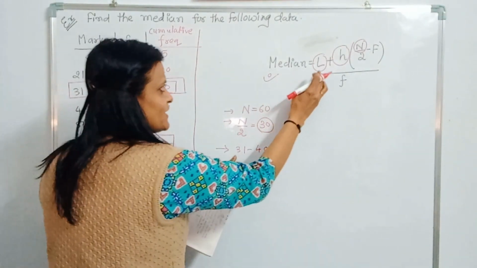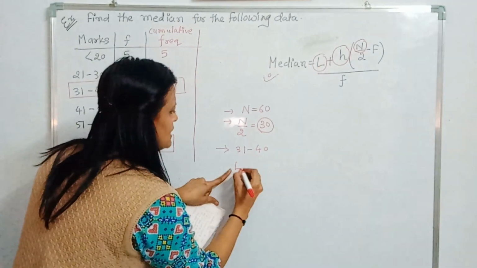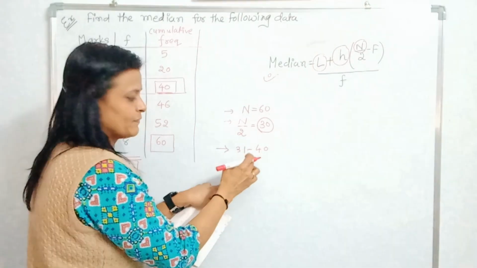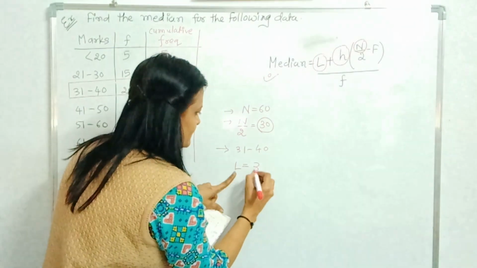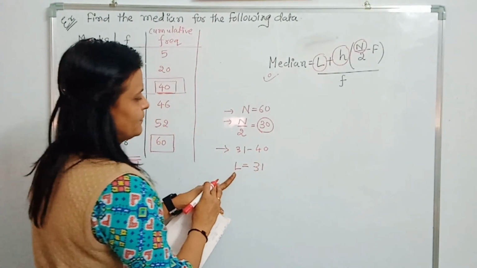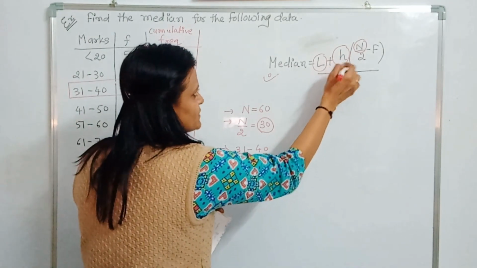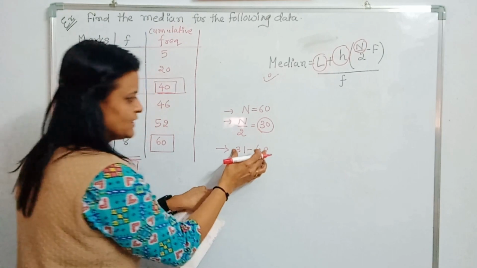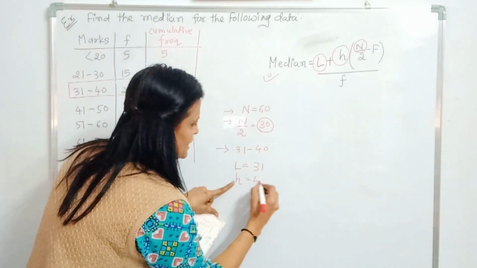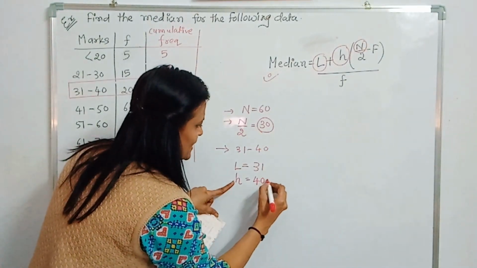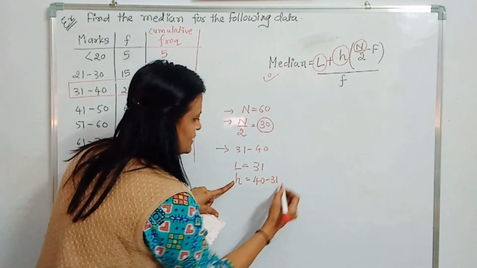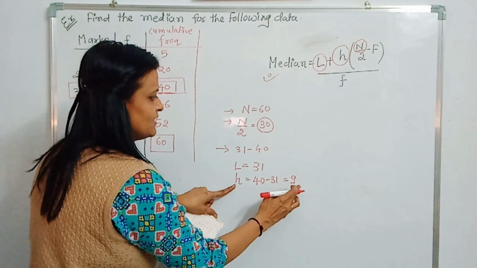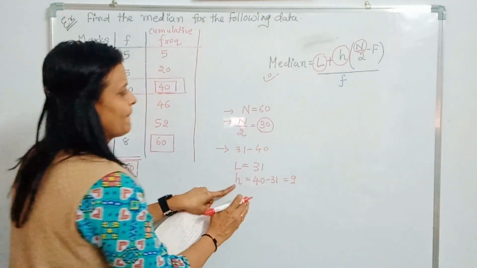In this equation, capital L represents the lower limit of the interval, that is 31. Small h is the range of this interval. We can find it by subtracting 31 from 40, that is 9. So small h is 9.